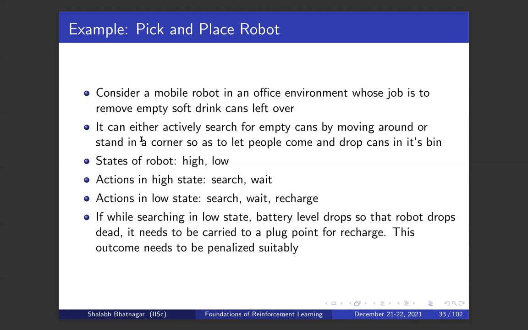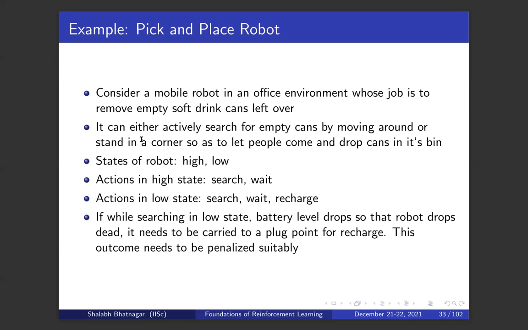And the job of this robot is to either actively go around looking for empty cans and then it picks the cans and drops it into its bin that is there, moving with it. Or alternatively, it will stand in some place and assume that the office people are generous enough, maybe some of them will come and drop the cans into its bin.